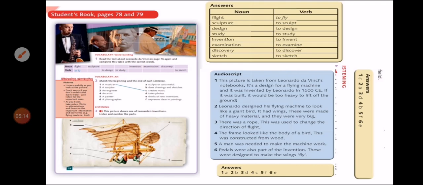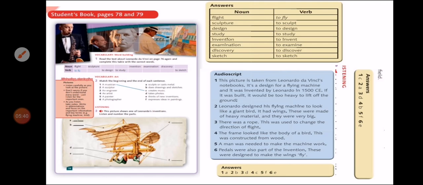This was constructed from wood. A man was needed to make the machine work. Pedals were also part of the invention. These were designed to make the wing fly. To make the wings fly.